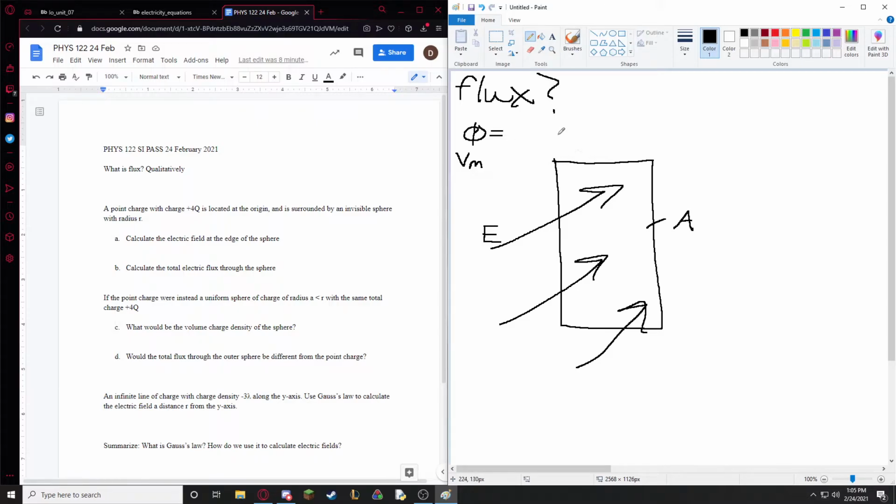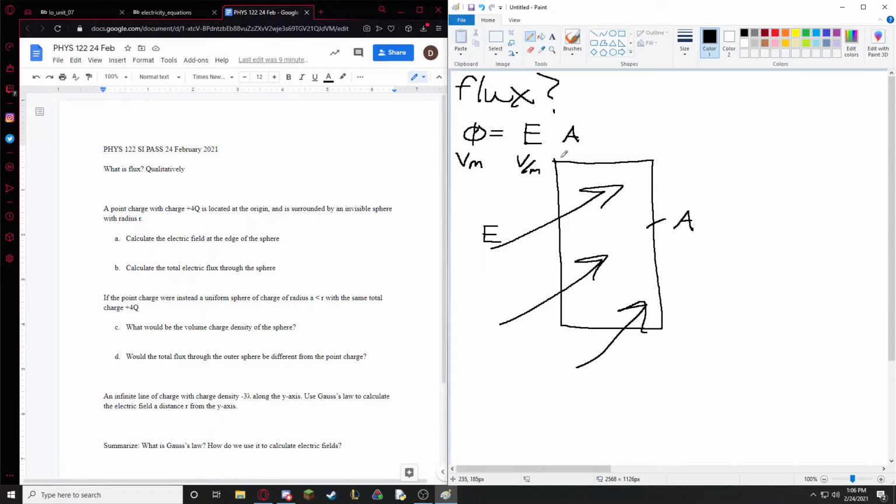So if we relate our electric field E, which we know is volts per meter, with the area, what's the SI units of area? That would be meters squared.